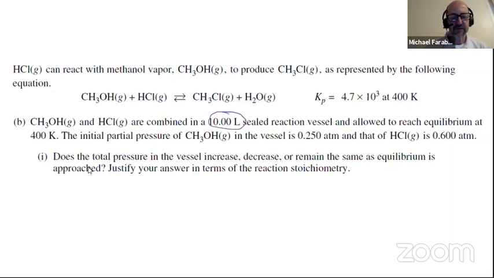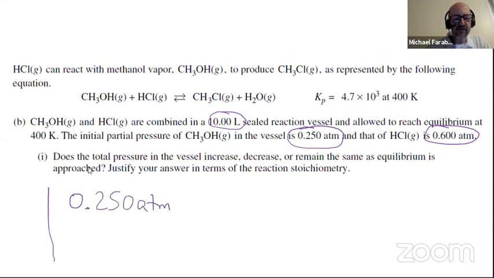volume of 10 liters. We have the pressure of the CH3OH, and we have the pressure of the HCl. So in this sealed vessel, we have 0.250 atmospheres for the methanol vapor.